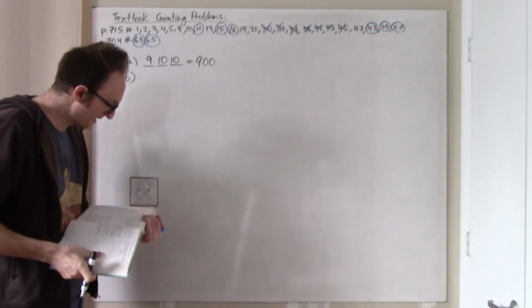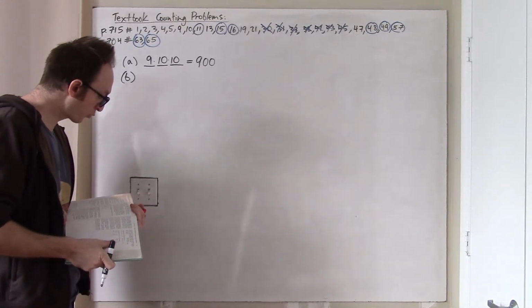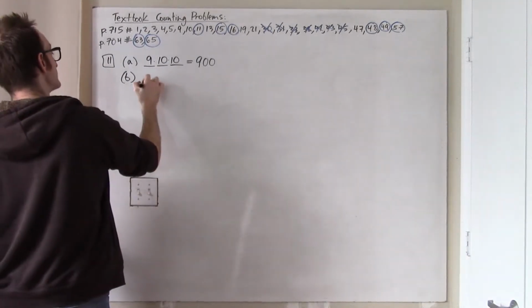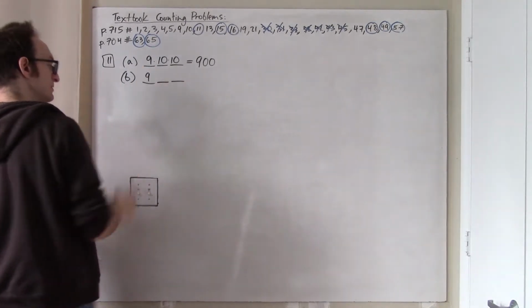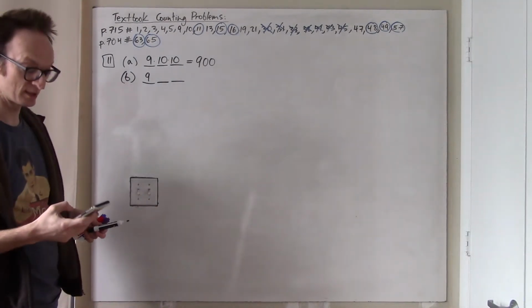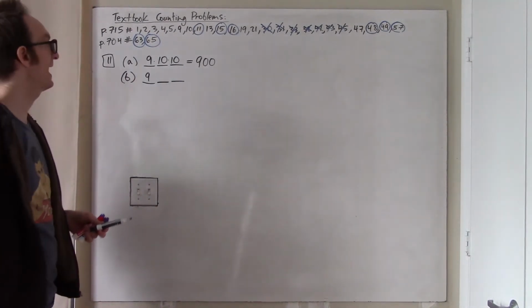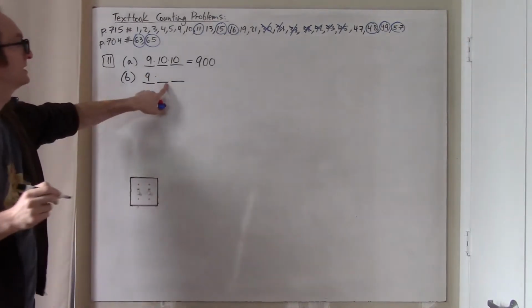Part B, the leading digit cannot be 0, and no repetition of digits is allowed. Okay, that's kind of interesting. So now I have, again, 9 choices for the first digit. It can be anything except 0. And then how many choices are there for the second digit?